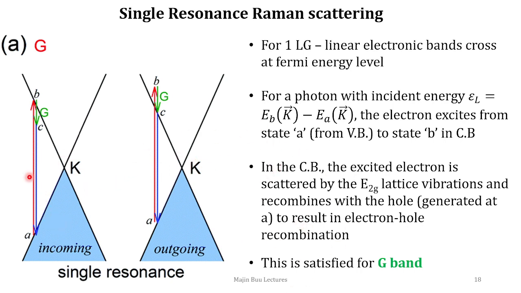This process is called the single resonance Raman scattering, and it is satisfied by the G band, as we'll be seeing in the later slides also.